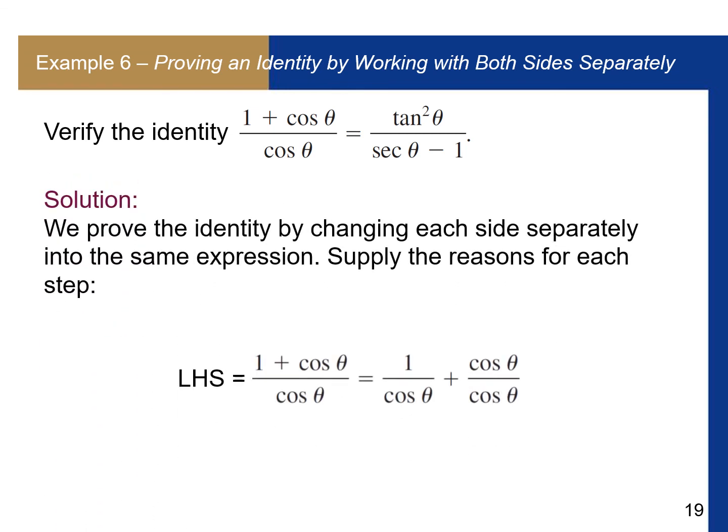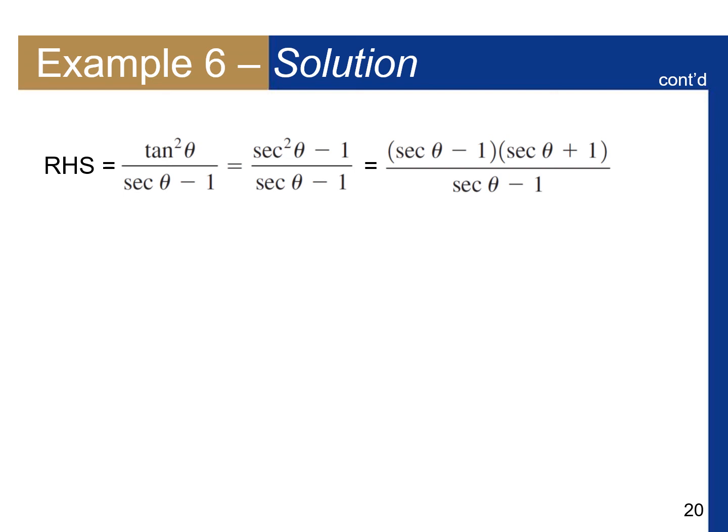So the first one, we're going to show that if I take 1 plus cosine over cosine, I get 1 over cosine and cosine over cosine, which reduces to secant plus 1. Now, if I can reduce the other side to secant plus 1, I have tangent squared over secant minus 1. Now, I remember by my Pythagorean identity that secant squared minus 1 is tangent squared, so I substitute it.